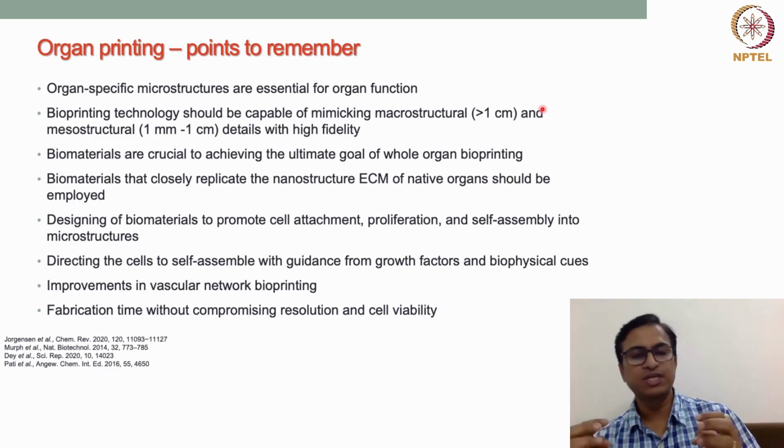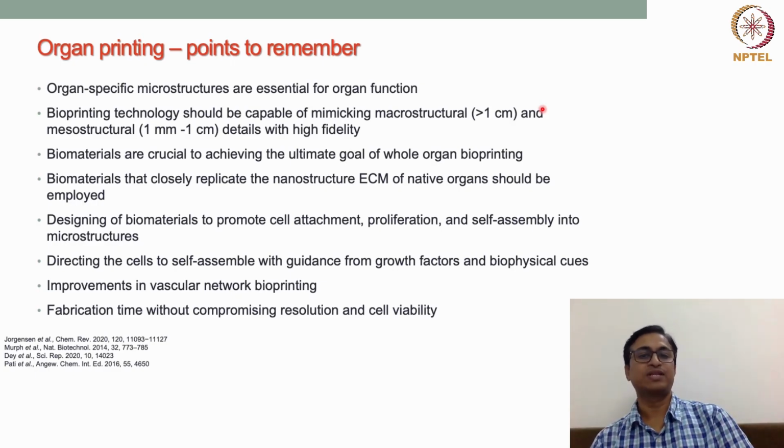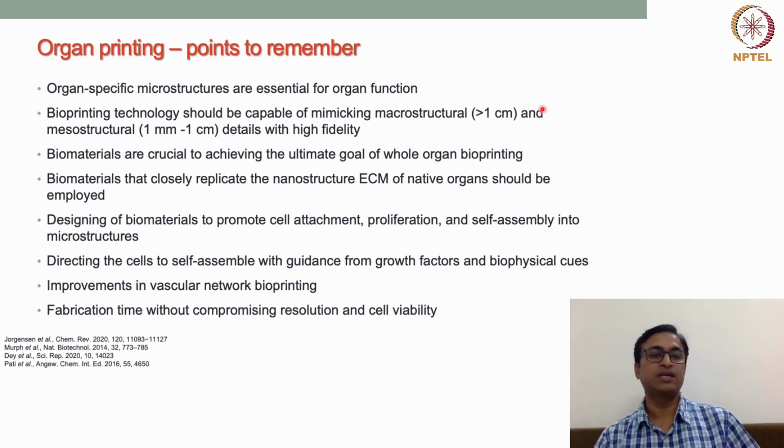It should be able to reproduce that structural detail with high fidelity, meaning accurate reproduction. If we can do that, then only can we try to print a specific tissue or organ.